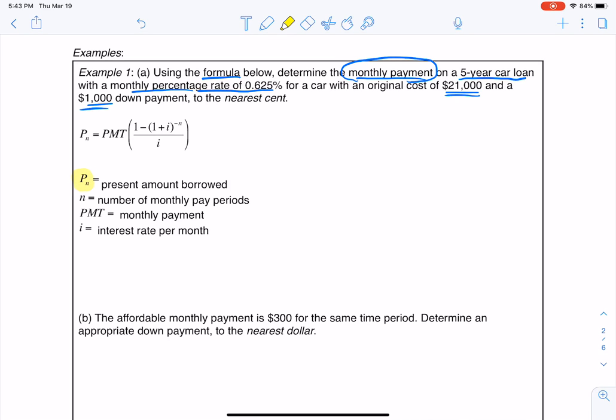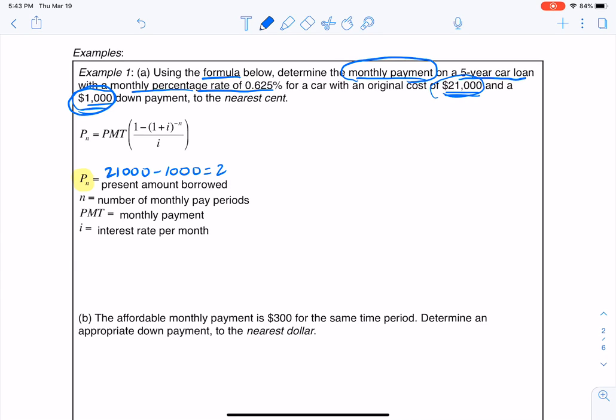So P of N, which is the first part, is the present amount borrowed. If we have a car that costs $21,000 and we make a $1,000 down payment on it, to buy that car we would need to borrow the amount of the car minus the down payment.